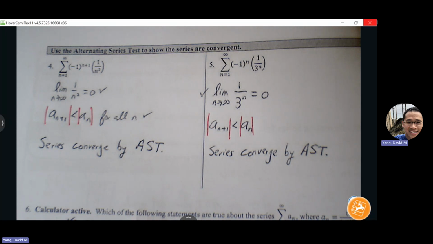Those are difficult instances. We'll spend time going over them tomorrow. They're good examples of when each subsequent term is not quite always decreasing.